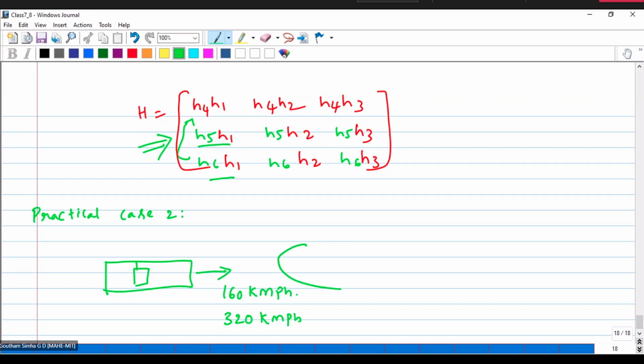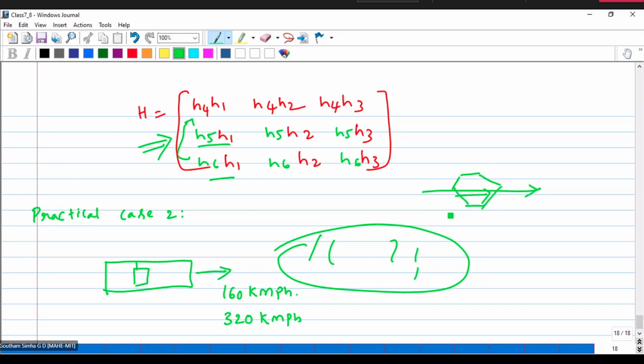Now you have cell terminology here, cell structure, everything is here. Within no time, within a fraction of a second, it will cross cell boundaries. Isn't it so? This train will cross cell boundaries within a second. Before it gets a handoff, it might have moved to another cell. If you are on a call, definitely you don't get that call connectivity.